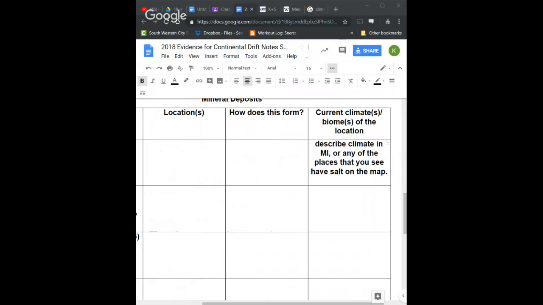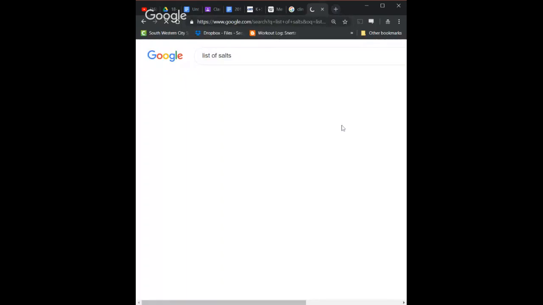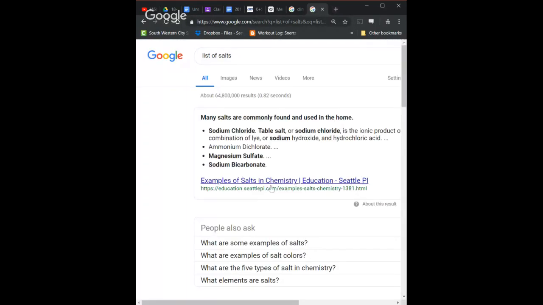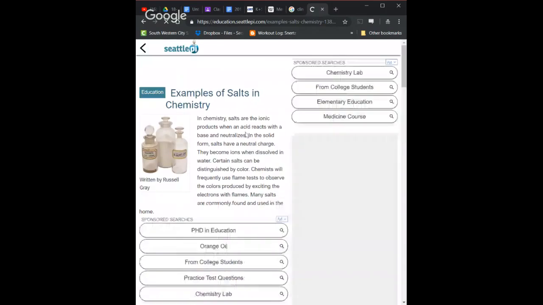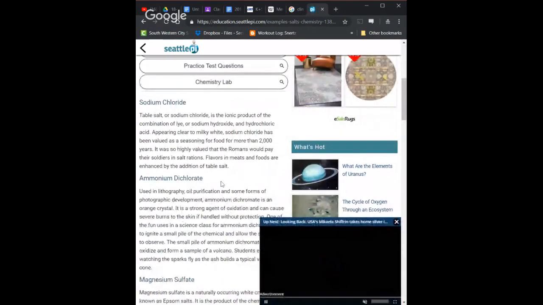I'll use the interwebs to show you what I mean. List of salts. Okay, an example of salts. I'm not talking about what happens when you guys are killed by noobs in video games. That's just you being salty. Har har.